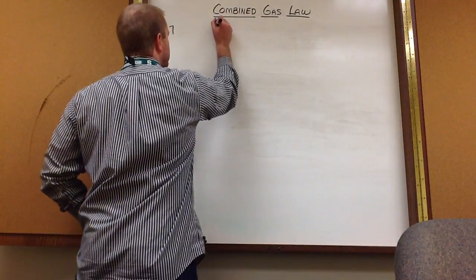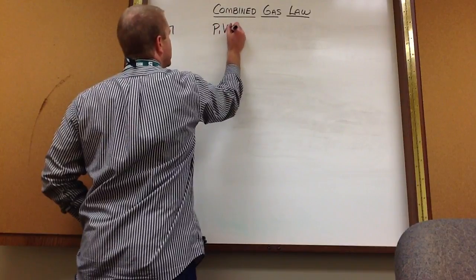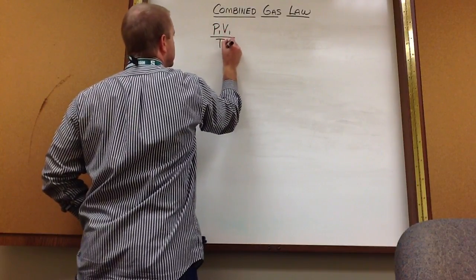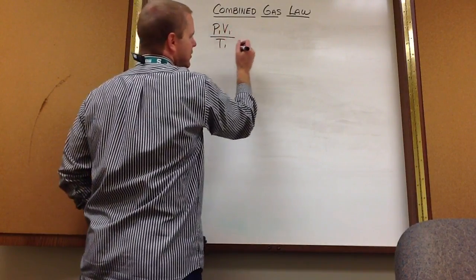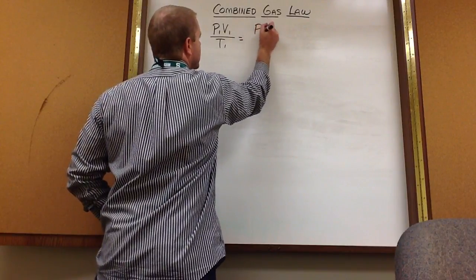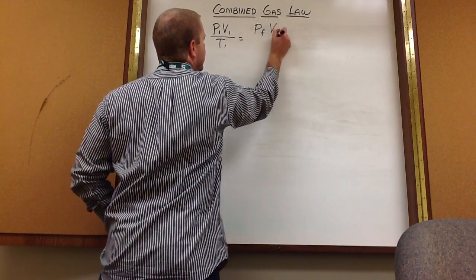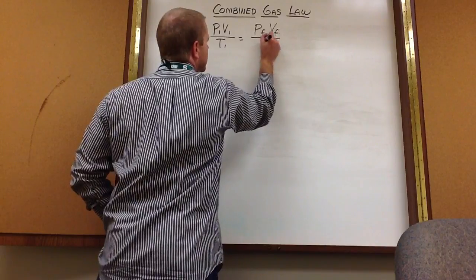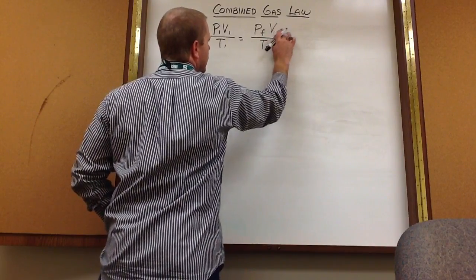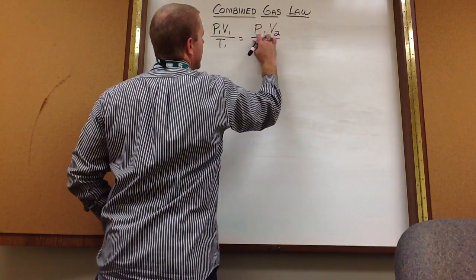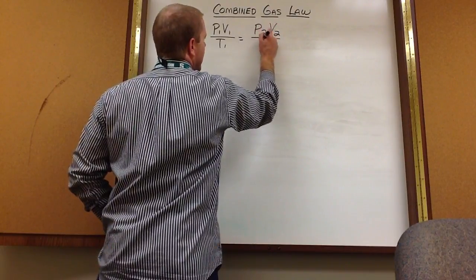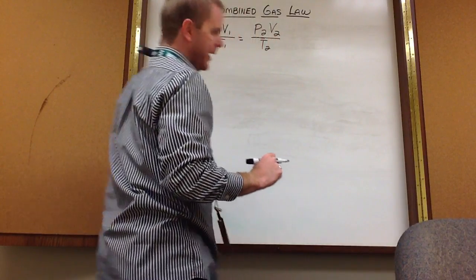What it is, this: P1, V1 over T1, or P initial, V initial, T initial, equals P final, V final over T final, or 2, 2, and 2, which is what I prefer. It does not matter, okay?